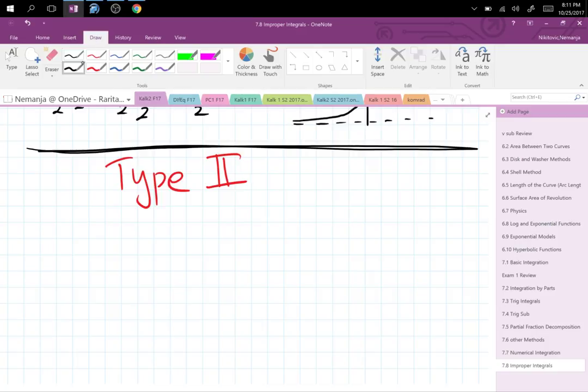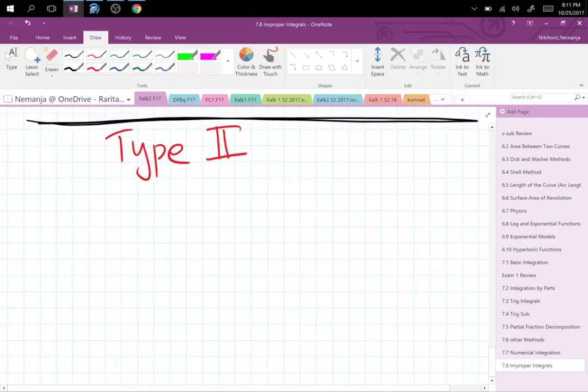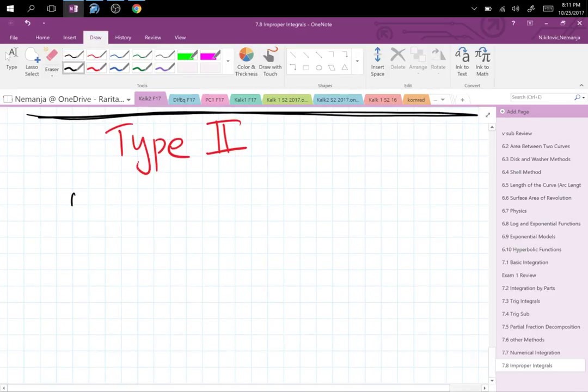So the issue here is that the problems you are dealing with look perfectly normal. Like dx over x minus 2 from 2 to 4. Wouldn't you agree that this is a basic U sub problem from Calc 1? And the answer is hell no. It's not. Because where's the vertical asymptote? At 2.